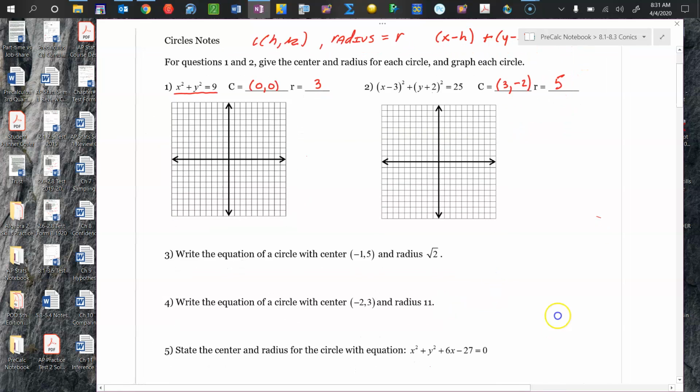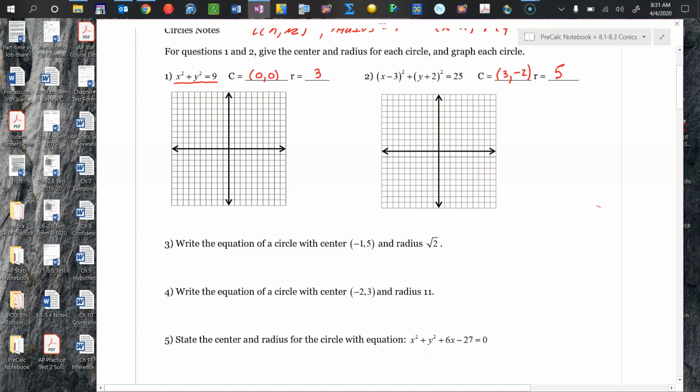Now we're going to skip graphing these in the interest of time. Now we're going to turn this around, and given the coordinates of the center and the radius, we're going to write the equation in standard form. So for number 3, that would go something like this. x minus -1, which would be x plus 1, quantity squared, plus y minus 5 quantity squared is equal to the square root of 2 squared, which is 2.